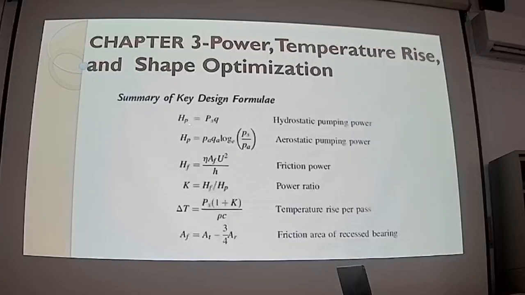You will know what kind of pump you should select for your bearing supply system, and you can calculate the total power generated during the operation. Okay, then you know what is the cooling system you should design, if your supply system should include the cooler design.